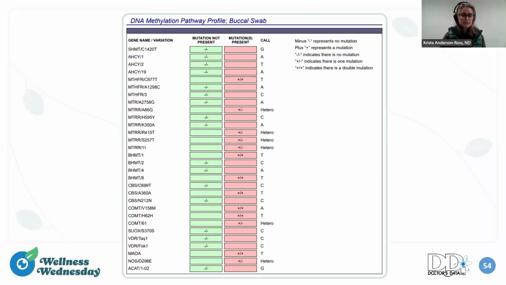So when somebody is homozygous for MTHFR C677T, as you see here in this result, that could impact methylation by approximately 60%.